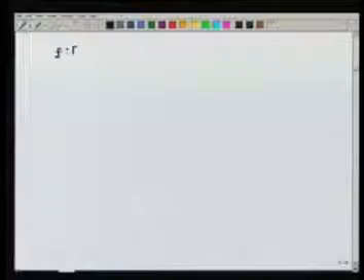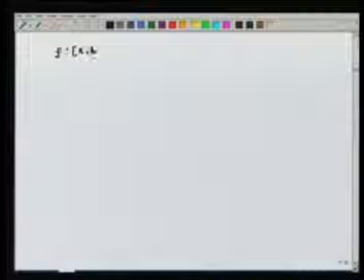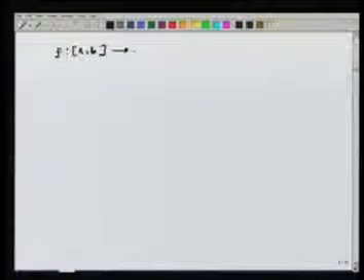Now for that, I have to build some machinery. It's as follows. Suppose I have a function f from a closed interval ab to R2.